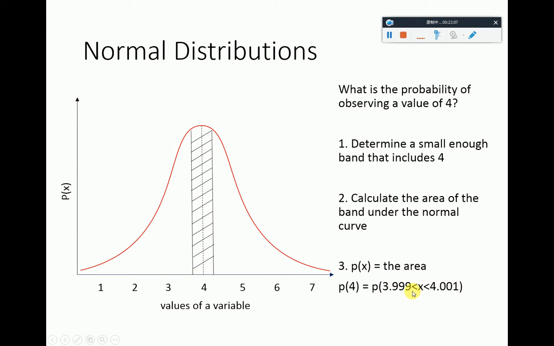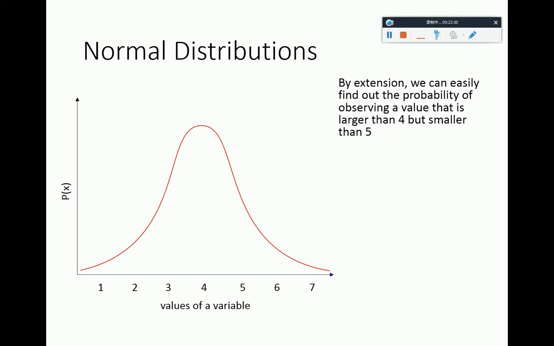So it could be 3.99999 or 4.0005, that's okay. We'll consider the probability of observing 4.00005 equivalent enough to the probability of observing 4.